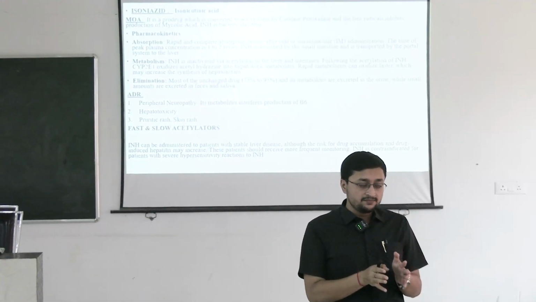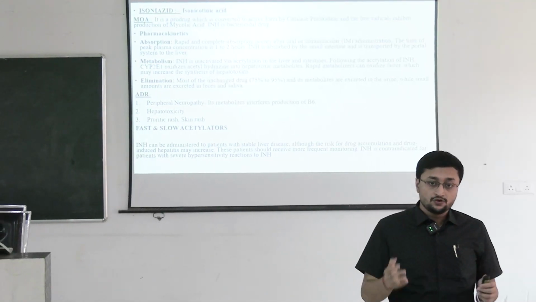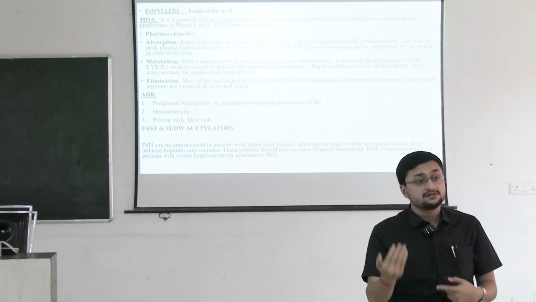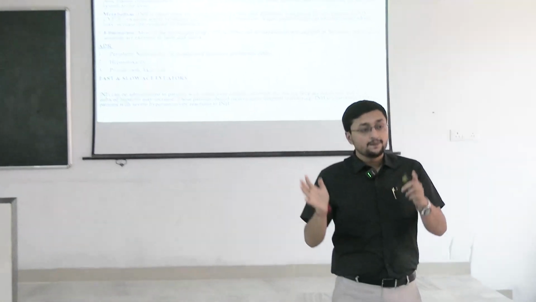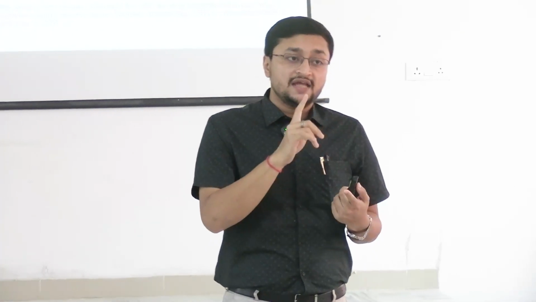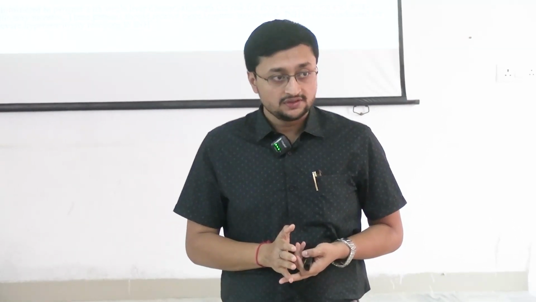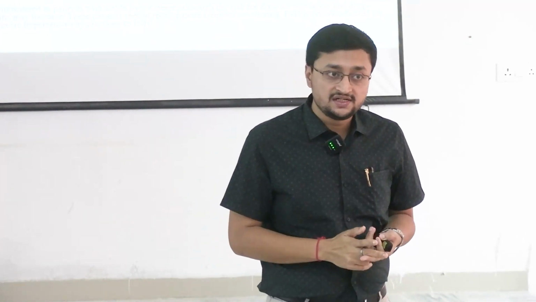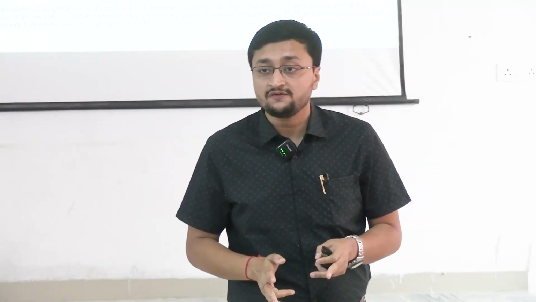Fast acetylator means those patients who acetylate faster than the others, which results in generation of more hepatotoxic molecules from INH, right? So the fast acetylator has more risk of hepatotoxicity, okay, and slow acetylators have more risk of peripheral neuropathy.